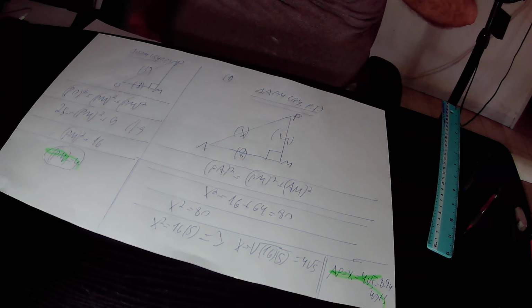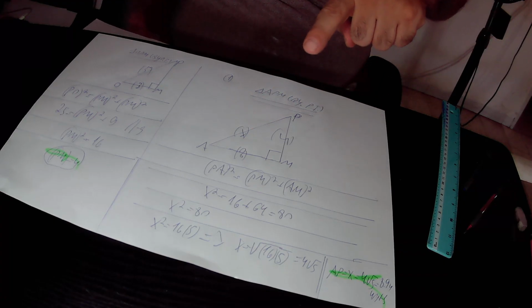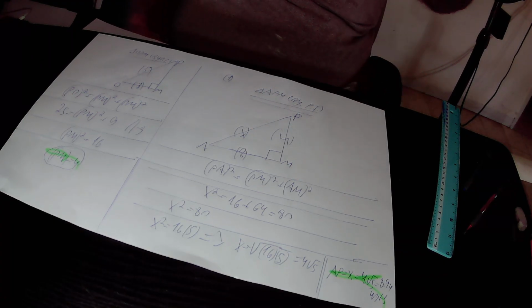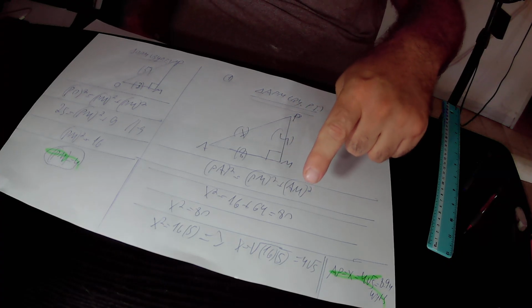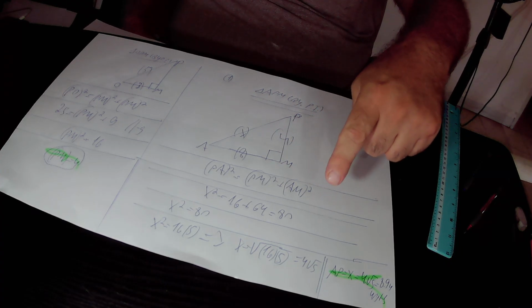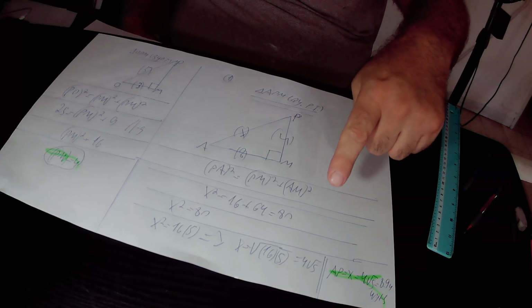We substituted 80 by 16 times 5, so x squared equals 16 times 5. Taking the square root, x equals the square root of 16 times 5. The square root of 16 is 4, so inside the root we are left only with 5.